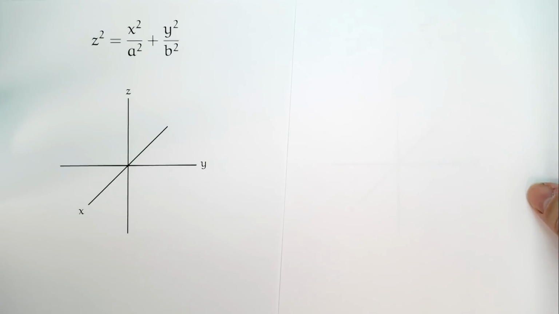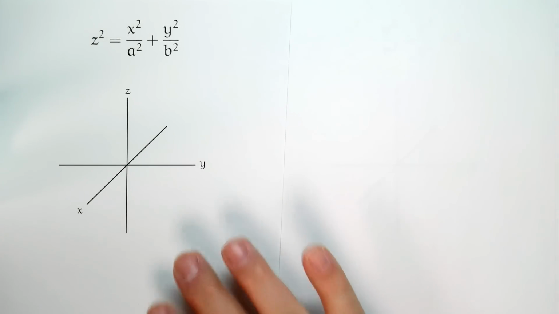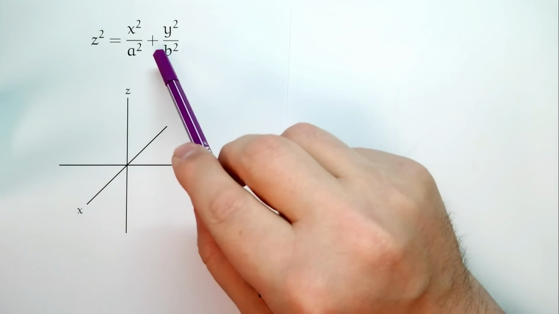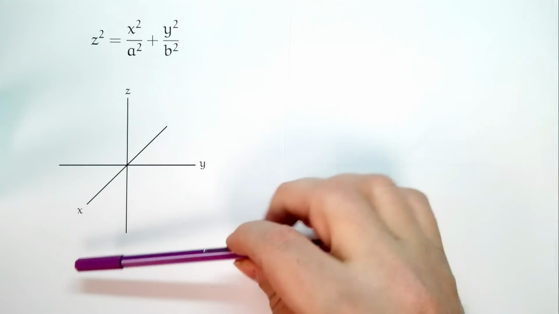So here we go. We'll start with a fairly simple looking equation. z squared is equal to x squared over a squared plus y squared over b squared, where a and b are some various constants. Now, if it simplifies things, you can think of a and b as being 1. So z squared is equal to x squared plus y squared. Now, one thing you can do is vary z.